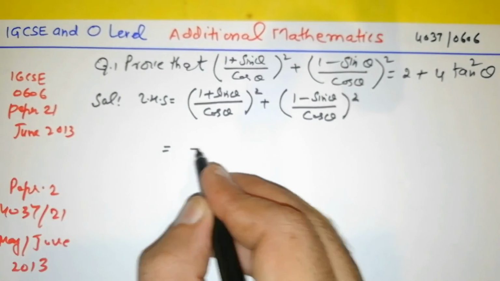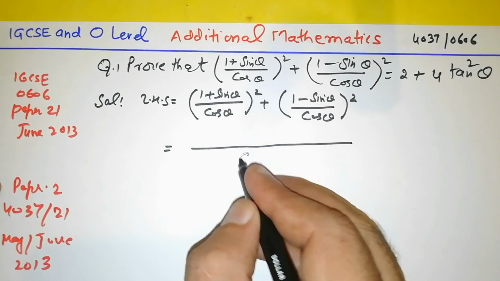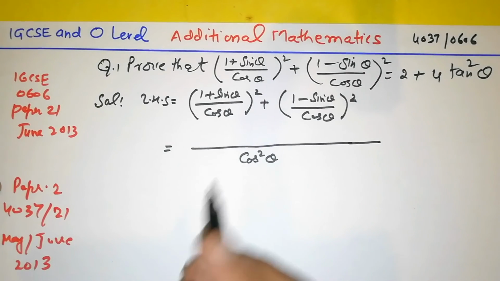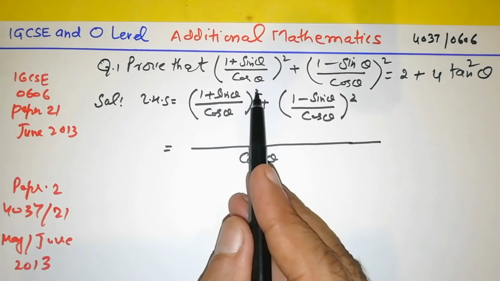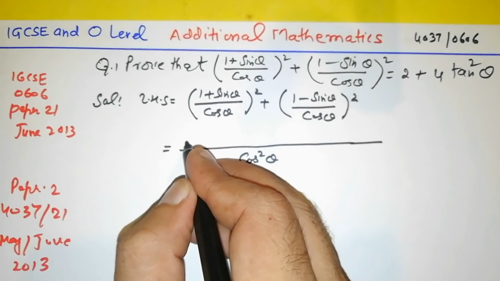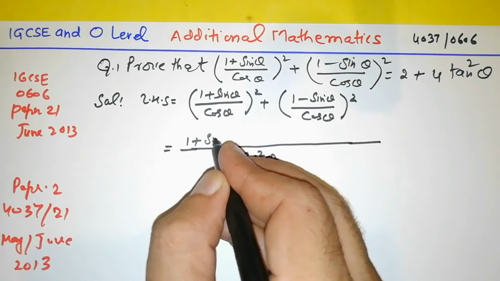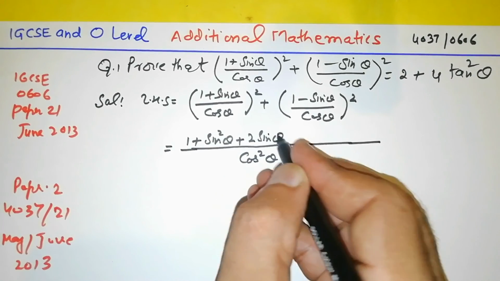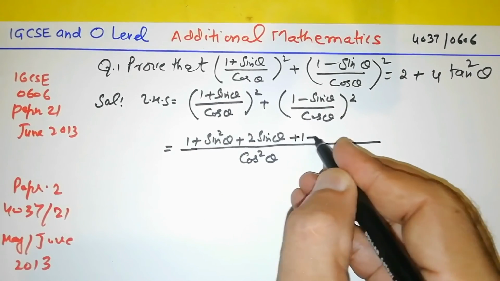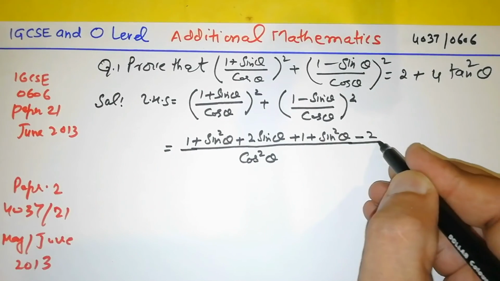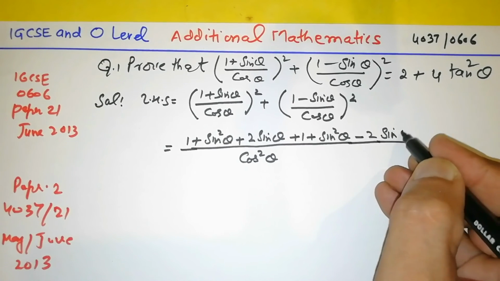See students, LCM of these two terms is cos square theta. Now, this is 1 plus sine theta square, 1 plus sine theta square. You can open this square, 1 plus sine square theta plus 2 sine theta. Similarly here, plus 1 plus sine square theta minus 2 sine theta.